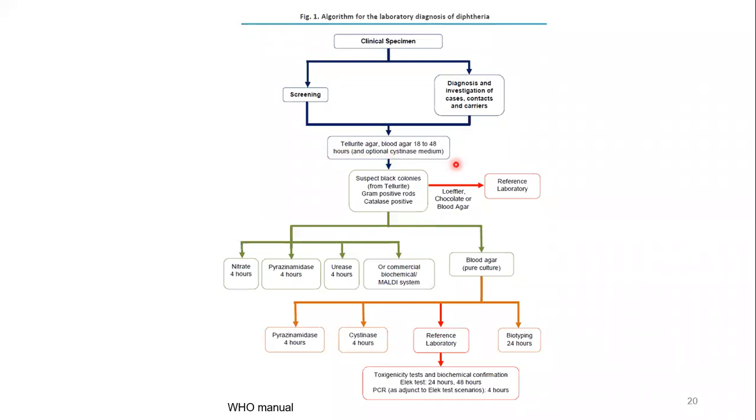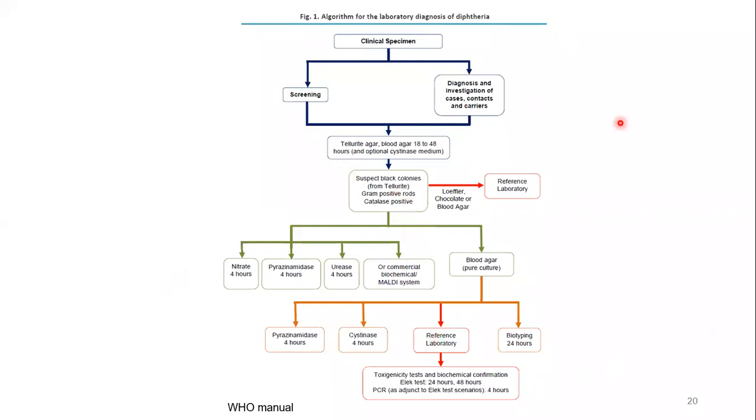And that's why it's important that you give the lab a complete history, because if I don't know what you're looking for or what you suspect it is, then I may use media that the microorganism does not grow on, and therefore I will give you at the end of the day that there was no growth obtained, while if I knew that you as a clinician have seen a pseudomembrane, then I know which media to specifically select and then work it out.